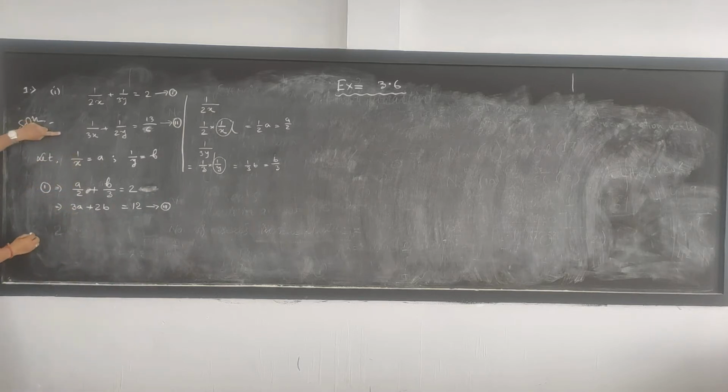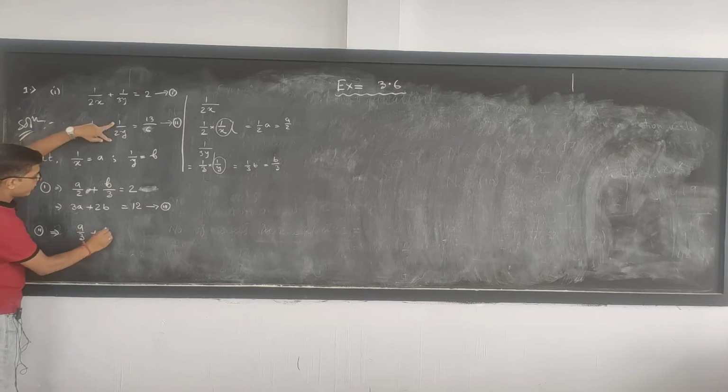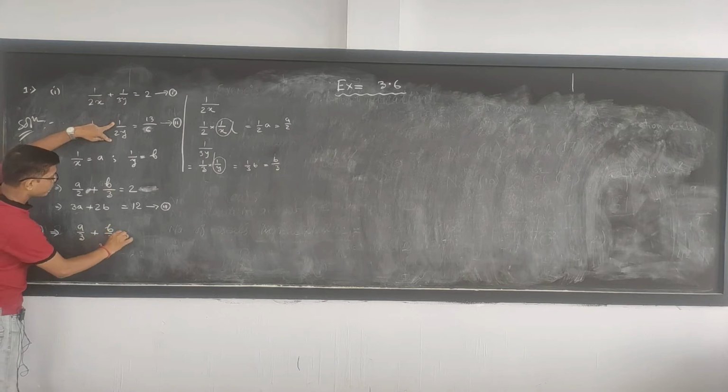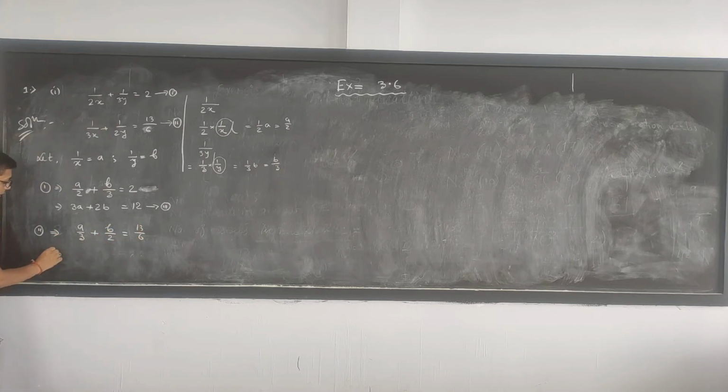Similarly, equation 2 will become: 1 by 3x can be written as a by 3, plus 1 by 2y, that is b by 2, is equal to 13 by 6. Now what is the LCM of 2 and 3?